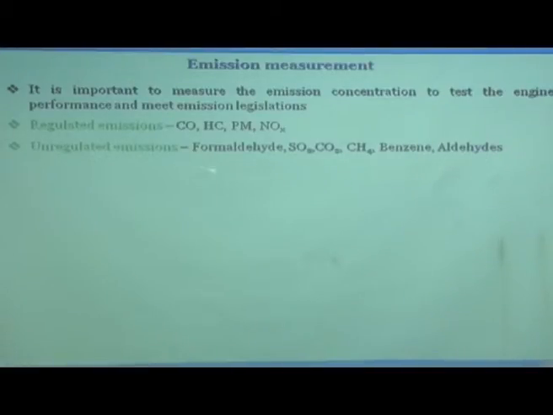I told you formaldehyde is one of these species. SO2 and CO2 we have already discussed. Methane is another species for which there is no regulation, although methane is a part of hydrocarbons, benzenes, aldehydes, and this list is almost infinite. Okay, so we are not measuring them, we are not regulating them.